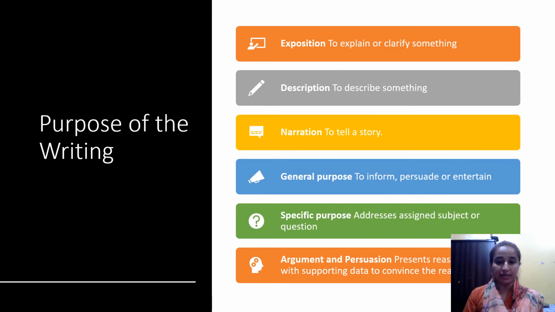Purpose of the writing. Exposition: to explain or clarify something. Second, description: to describe something. Narration: to tell a story. General purpose: to inform, persuade, or entertain. Specific purpose addresses a set subject or question. Argument and persuasion present reasons with supporting data to convince the reader.